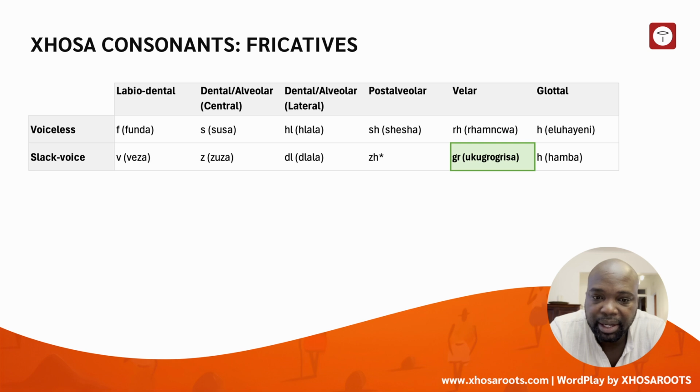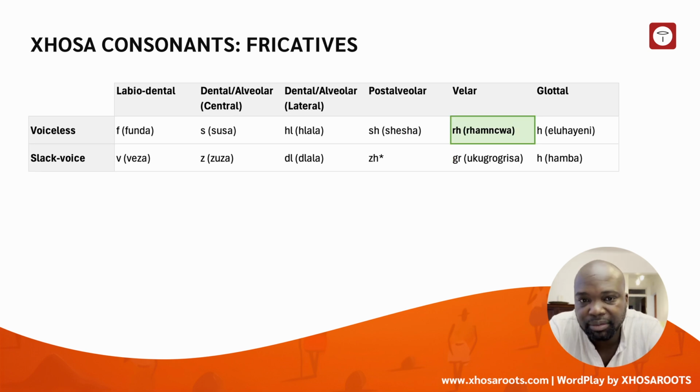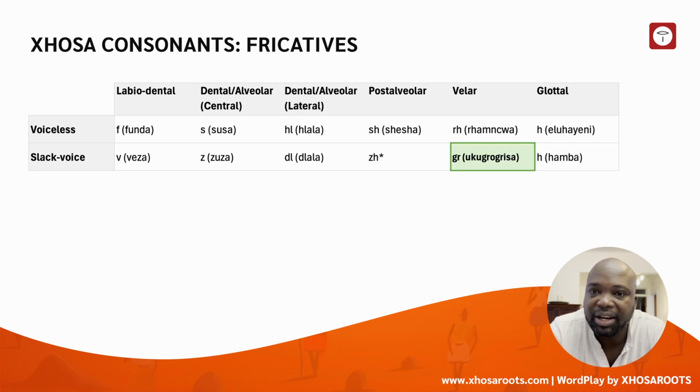And we have ikhamwa for the voiceless, ikhamwa, which is a monster. And then for the slack voice, we have ukuhorisa, to scare someone or to intimidate someone. Ukuhorisa, which is also derived from the word iroho, which I think is a monster, something that is scary.